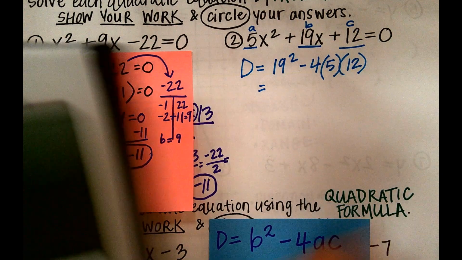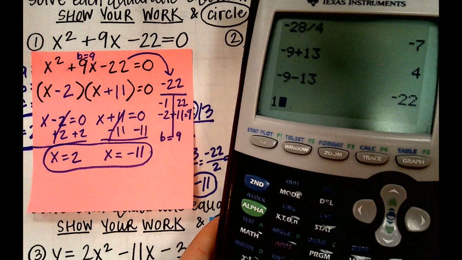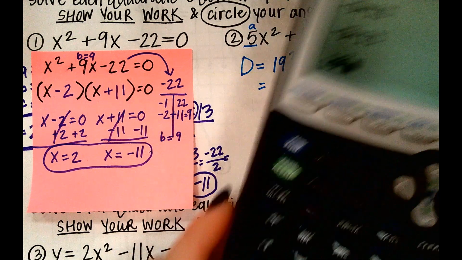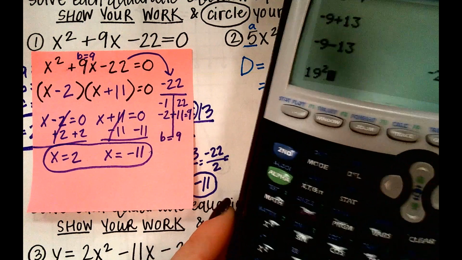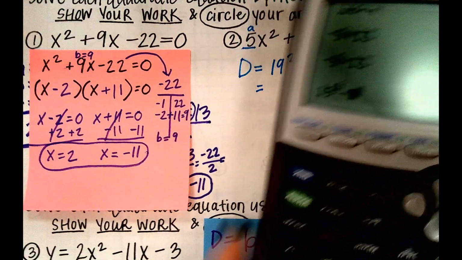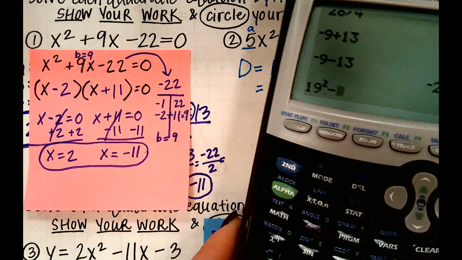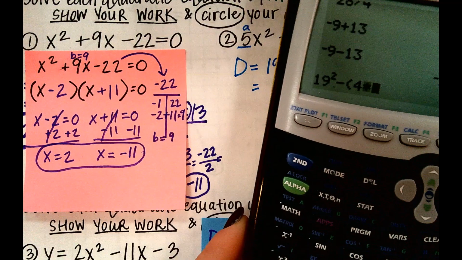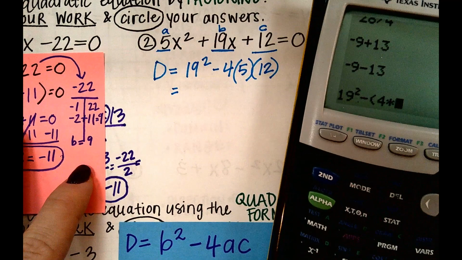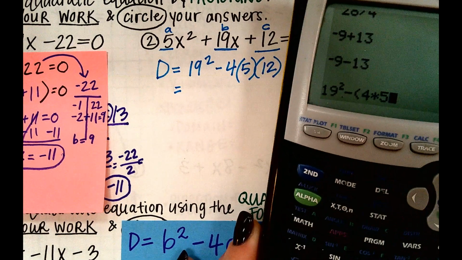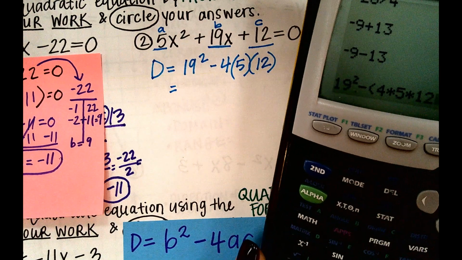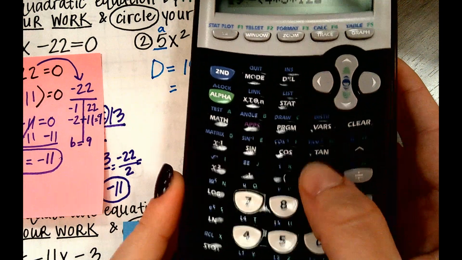I can type 19 squared, the x squared button will do this, 19 squared, minus, parentheses, 4 times a is 5 times c is 12, close the parenthesis.